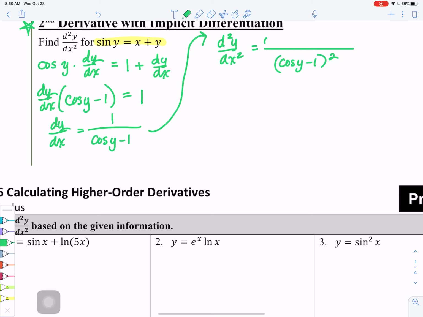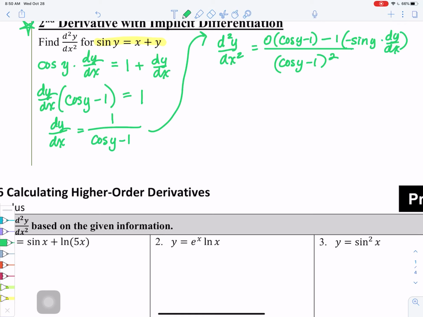The derivative of the numerator is 0, and then that's just 0 times cosine y minus 1. And then we subtract 1 times the derivative of that denominator. And the derivative of the cosine is the negative sine of y multiplied by dy/dx.